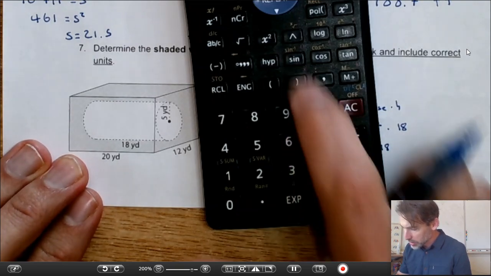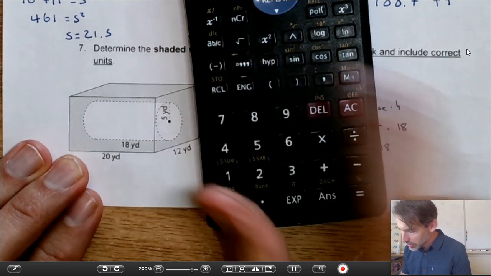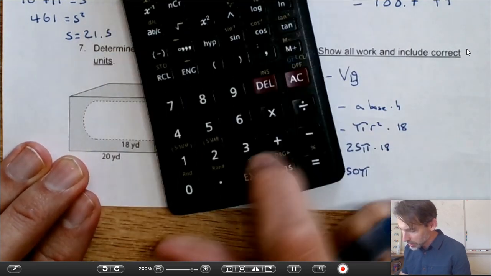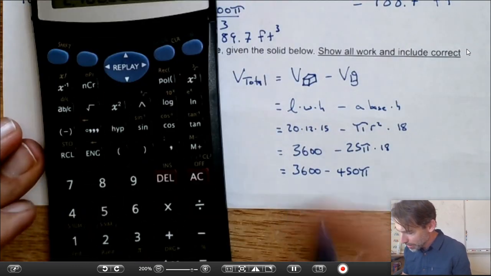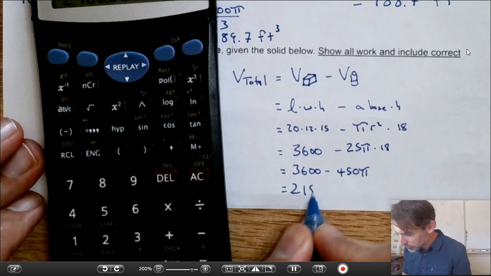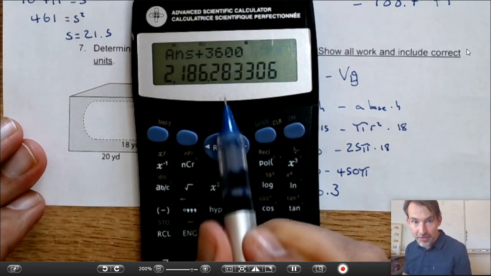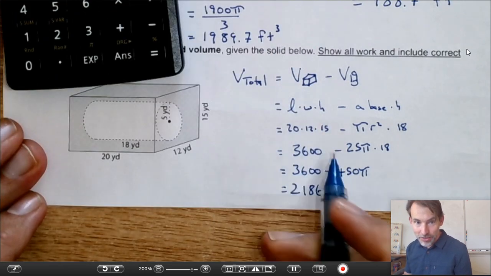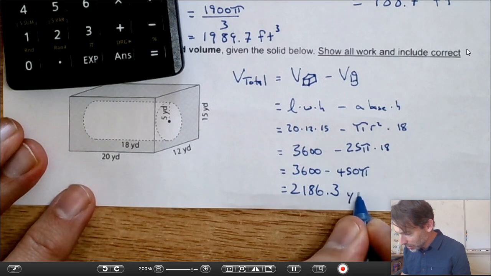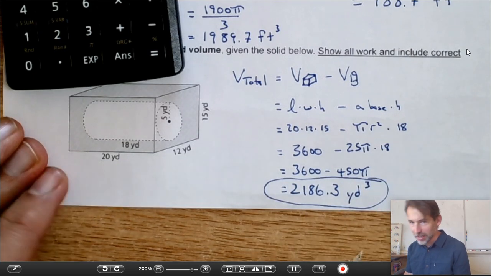And we're going to say, but that number is negative. Okay, and then we're going to add that to 3,600. That number, 2186.3. Because the 8 makes the 2 round up. So this is this many yards, cubic yards. Okay? There, that's done, final answer.